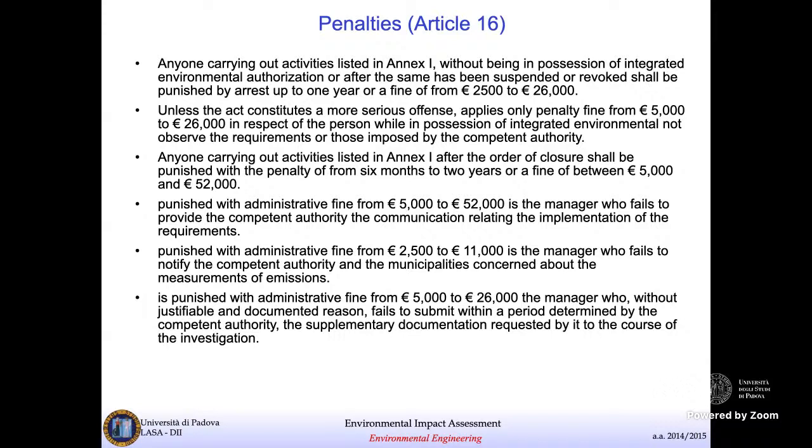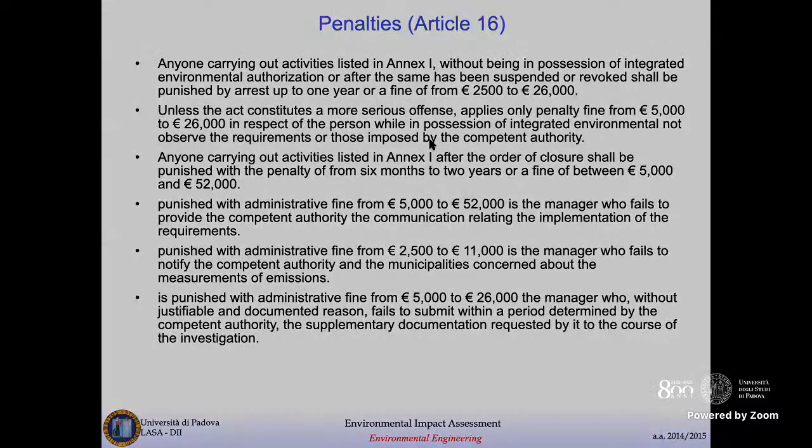Unless the act constitutes a more serious offense, only penalty fines apply. So these are a list of penalties that are provided by laws and have been implemented into the national legislation that includes IPPC procedures into the Italian legislative framework.